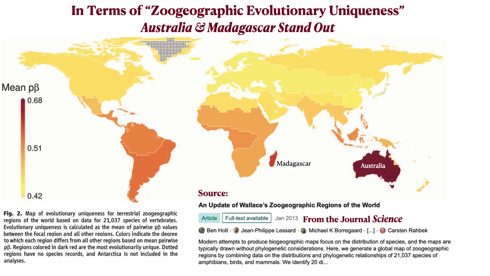If you look at what it's called here, zoogeographical evolutionary uniqueness, how unique is the fauna, you can see that Australia really stands out, most of Australia at any rate, having been an island continent. And then number two would be Madagascar, which we can regard as an island continent. Continental crust separated from Africa along with India, then separated from India, and has been sort of going its own way.